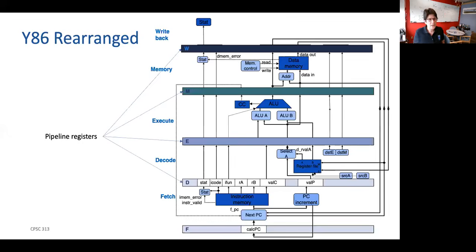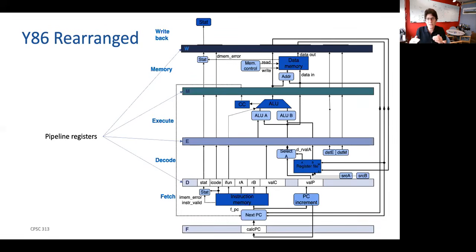Next, let's look at the execution stage. In fact, we're going to add pipeline registers at every point in the pipeline where we have a new stage. A stage is the logic between two pipeline registers, and with each stage there's a pipeline register that holds the signals that stage is going to compute on.